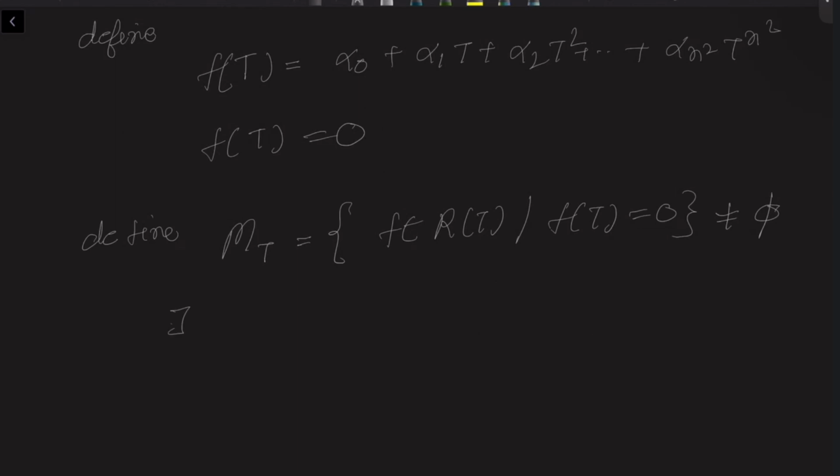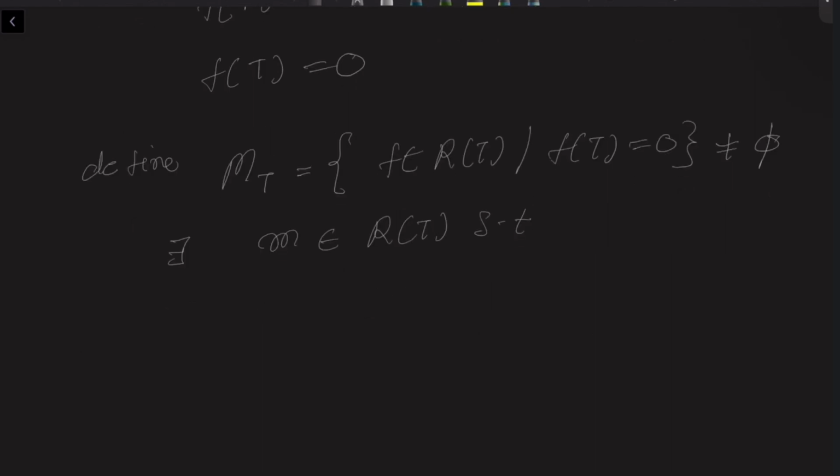Then there exists some m in R[t] such that M(T) is generated by m. What I'm saying is that M(T) is the collection of such functions such that f of T equals 0.